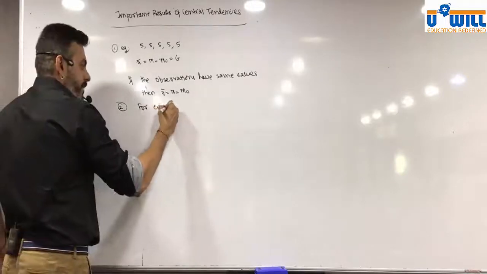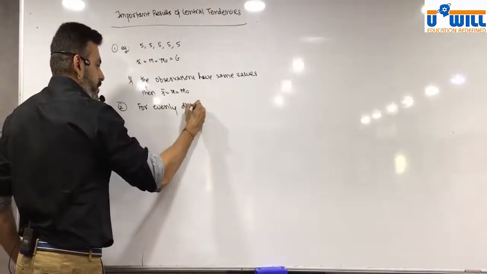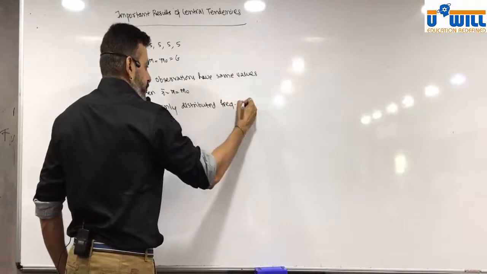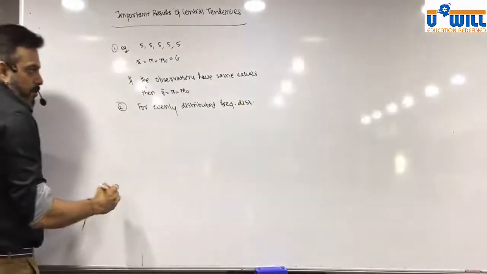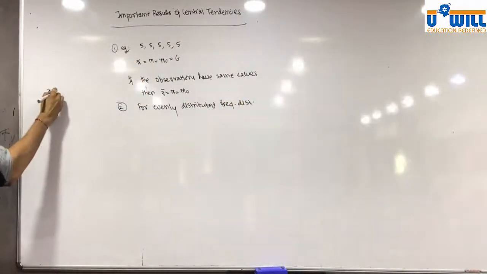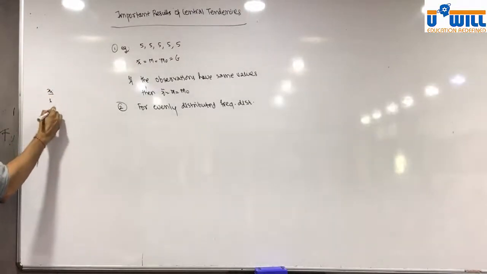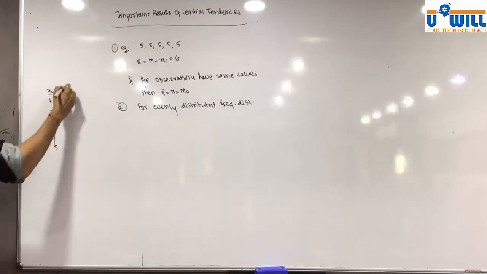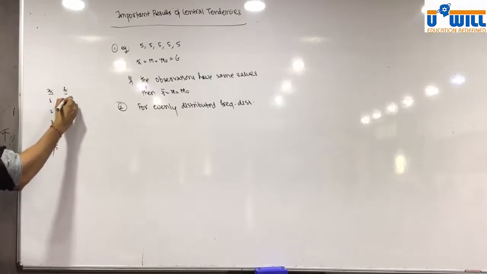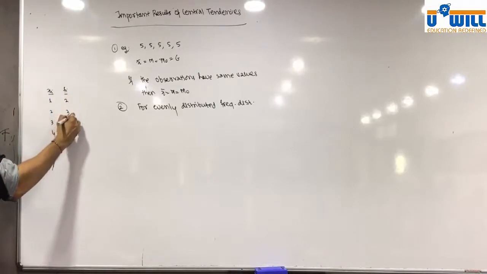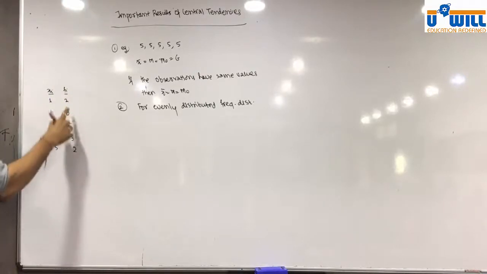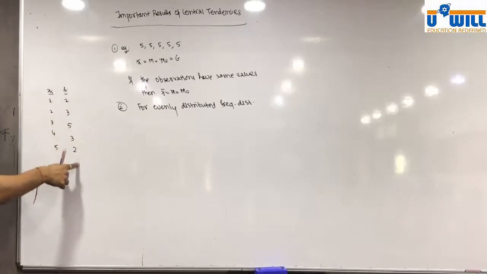For an evenly distributed frequency distribution, it means what? Say for example you have xi as 1, 2, 3, 4 and 5, and f as 2, 3, 5, 3 and 2. It's uniformly distributed.